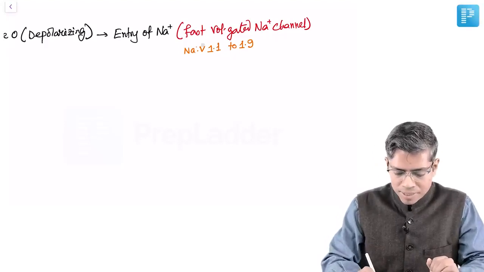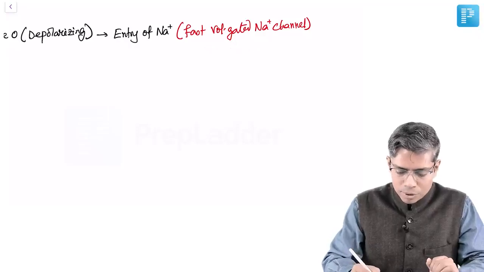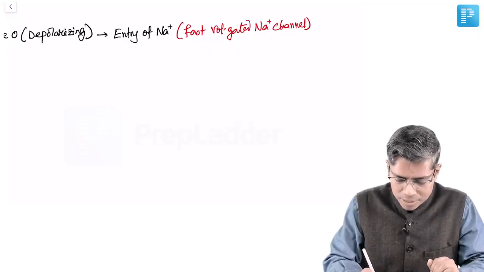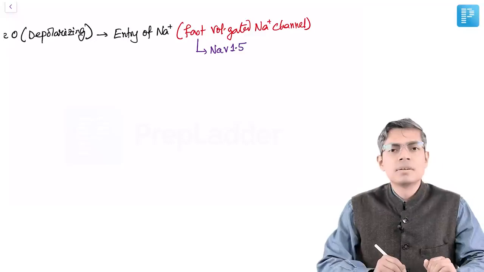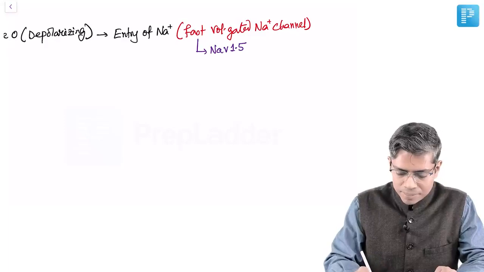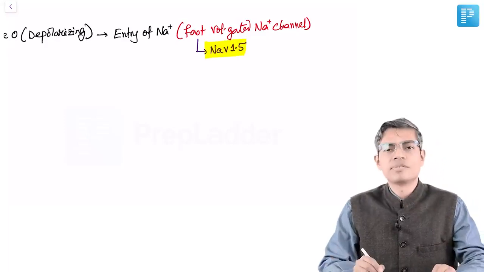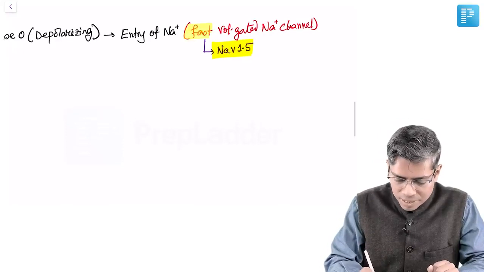You have to remember that in case of myocardium, the typical voltage gated sodium channel which is present is NaV 1.5, right? So for skeletal muscle that is 1.4, and in case of myocardium this is NaV 1.5. Very crucial information.